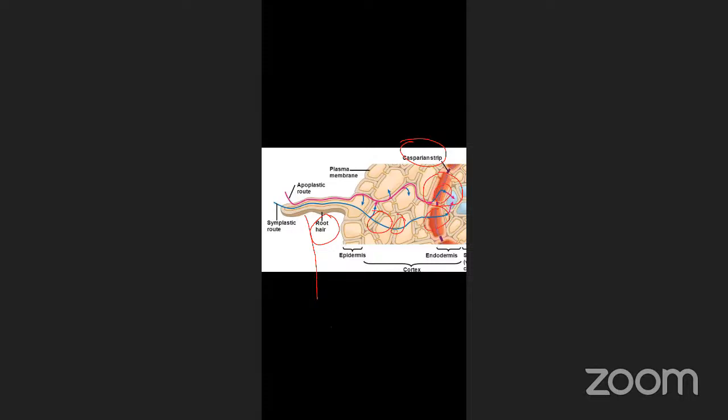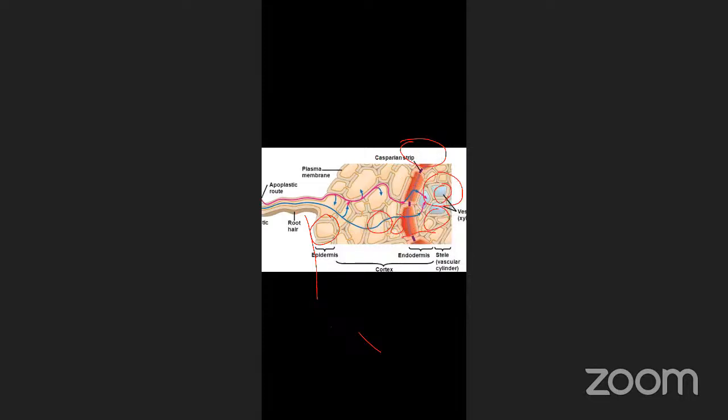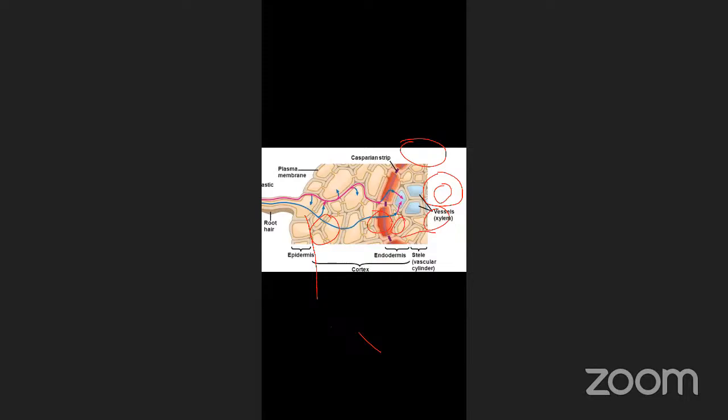Why does xylem show only apoplast movement? That means the well developed xylem, mostly 99% apoplast movement. Here both ends are pink color, right? Yes, sir. Now tell me. Both ends are xylem vessels, only pink color.